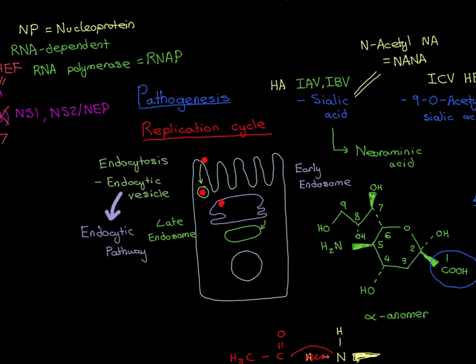So let me just draw some lysosomes in this pale green here. This can represent a lysosome. Now, lysosomes are these membrane-bound compartments inside cells that are full of horrible enzymes. Useful enzymes, but horrible enzymes in the world of molecular biology. Enzymes that break down all sorts of biological molecules.